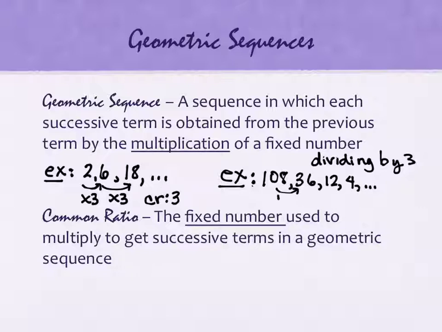So instead of thinking about this as division, it's really more appropriate in terms of the definitions here to think about this as multiplication, and in this case it's by a fraction. It's by the fraction 1/3. So our common ratio actually here is 1/3, not 3. 3 is what we'll be dividing by. We need to know what we are multiplying by. So it's multiplication by 1/3. That would be our common ratio.